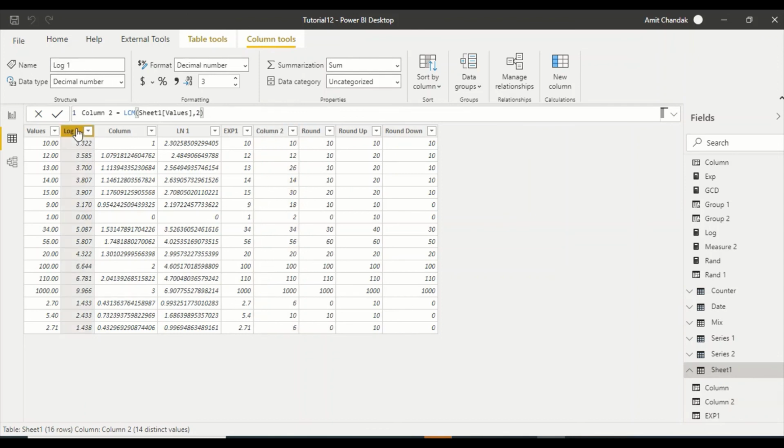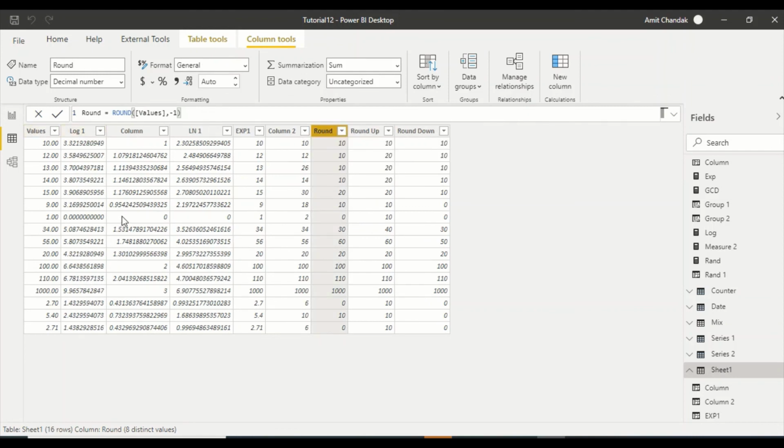But what I'm going to do is make it default only. So let's say auto. Now let's make it 10 decimal places. Okay, so we got our number back. So this is automatically converted into auto.